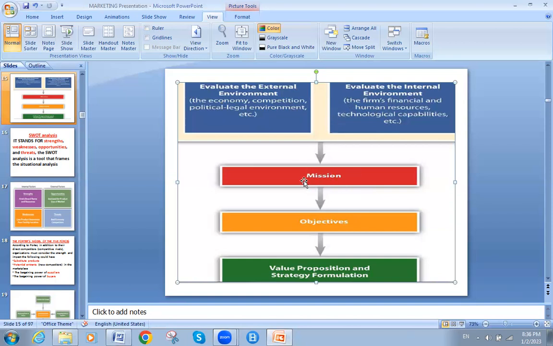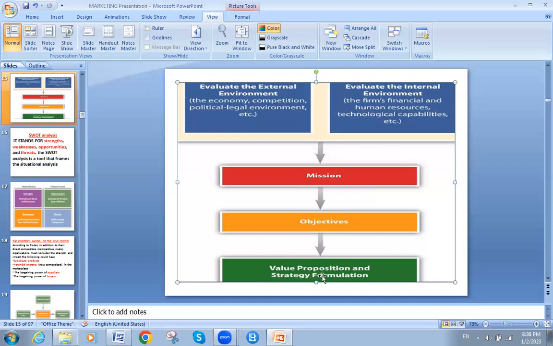Like I said before, the mission is just a very short statement. Why do I exist? Why am I there? Then once we did the mission, we will do the objective. What is the objective? Our aim, our task, our end, our goal. Any word of those is objective. What I want to do.